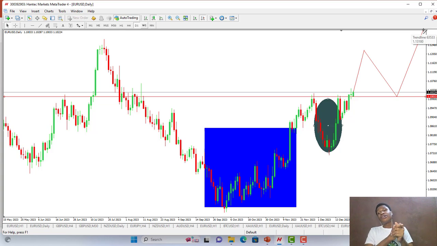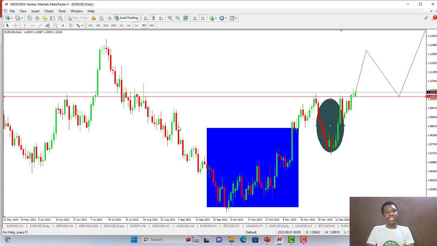Then you can go for your buy in the market. But you must have a break, a coming back, and a candlestick confirmation before you go for your buy in the forex market. This is a very sweet strategy.